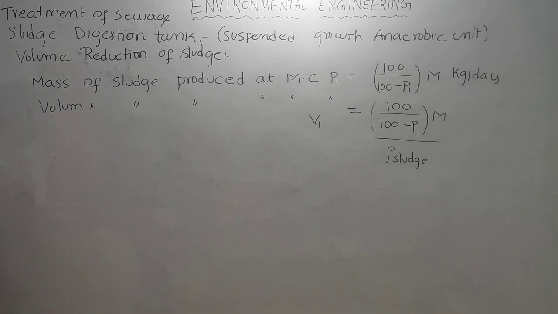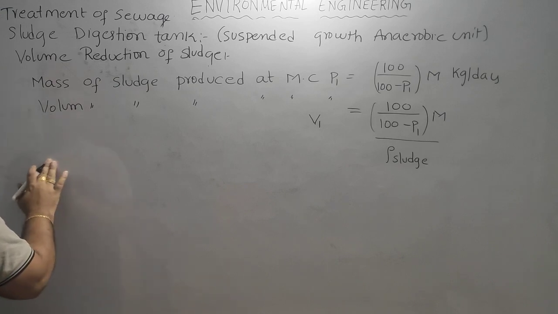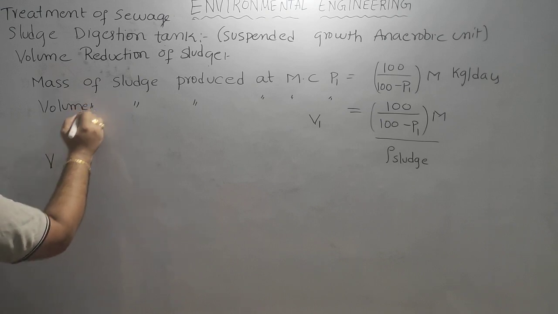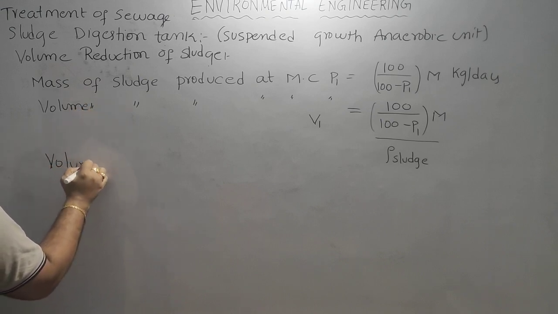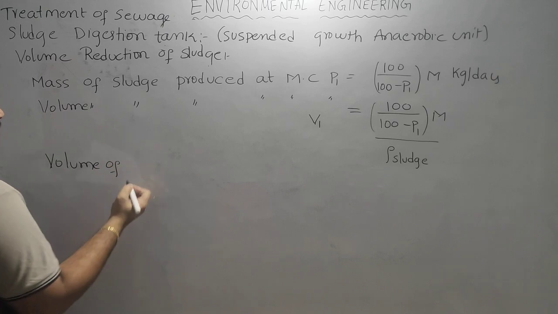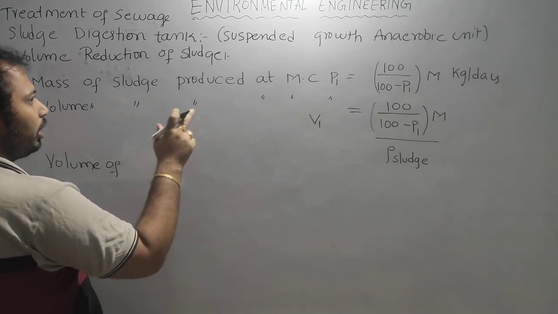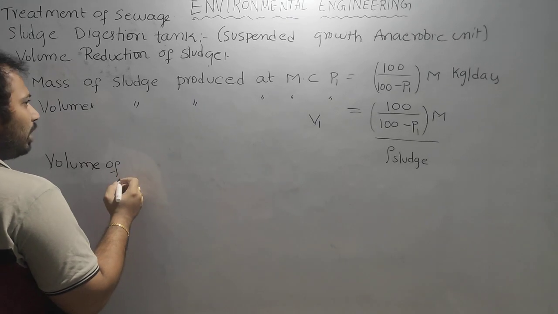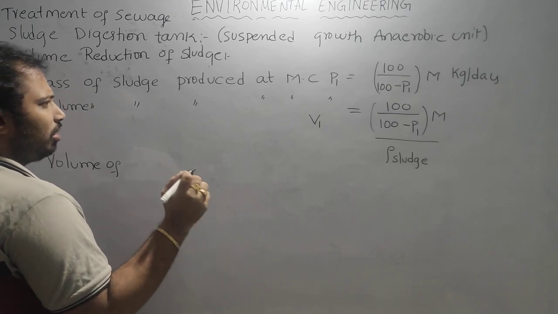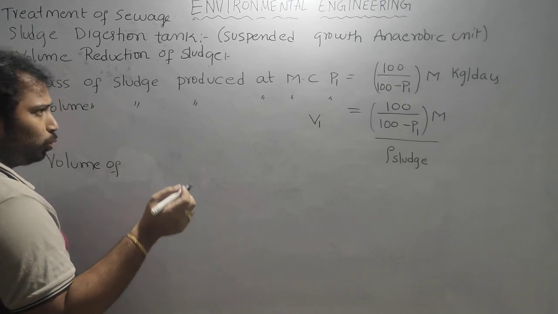So this is the volume of the sludge at P1 moisture content. Now the volume of the sludge produced at moisture content P2. The mass at P2 is 100 by (100 minus P2) into m.